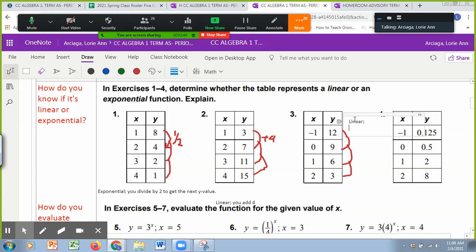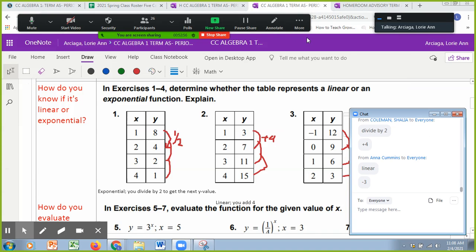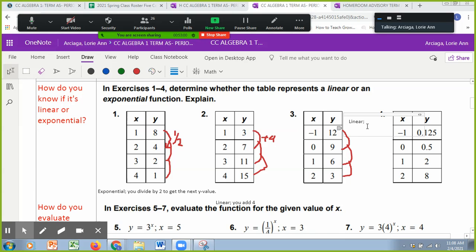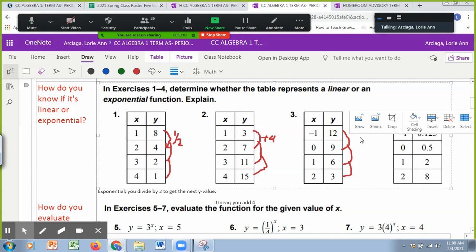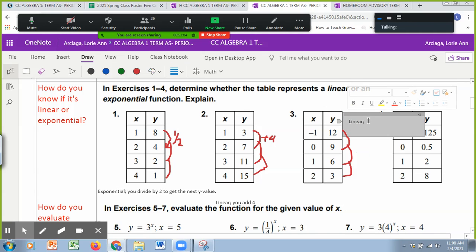From 12 to 9, 9 to 6, 6 to 3, what are we doing? Are we adding, subtracting, multiplying, or dividing? Negative 3. In other words, we minus 3. So we subtract 3. One last.